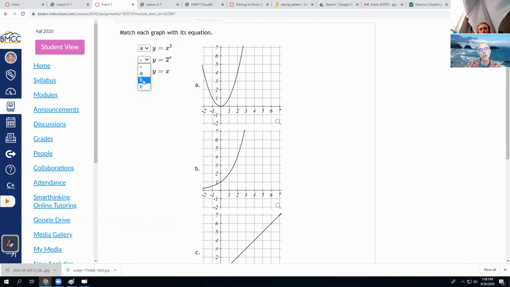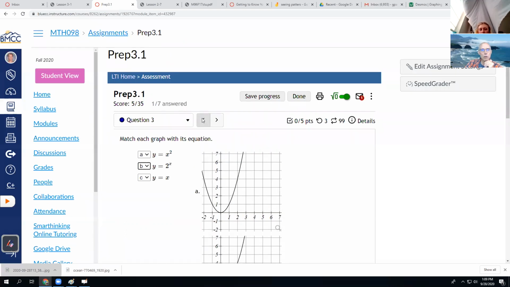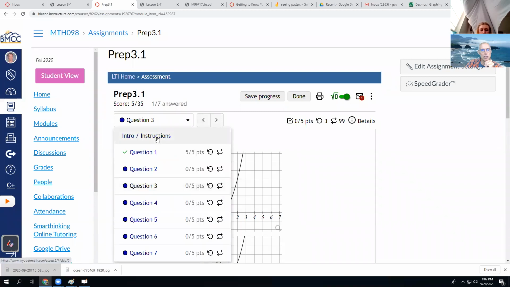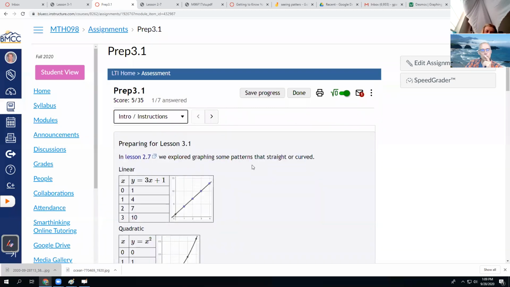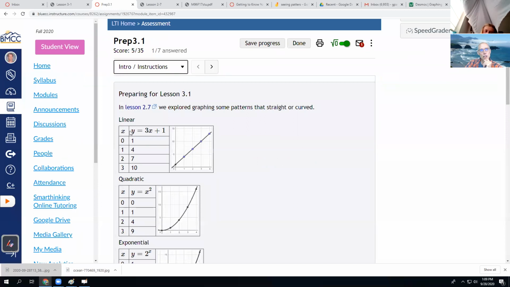Now, if you're not sure on any of these, you could jump in. How can you tell which is which? Back on the first page, I gave examples of each of these. Linear has an equation that looks like this. Notice it has an x, but it does not have a power.